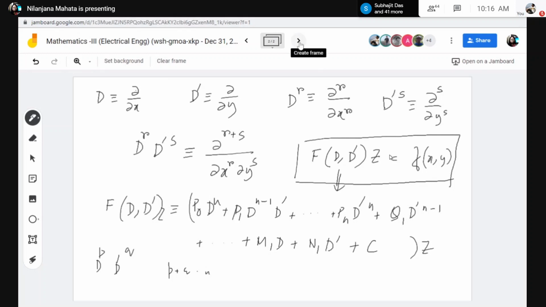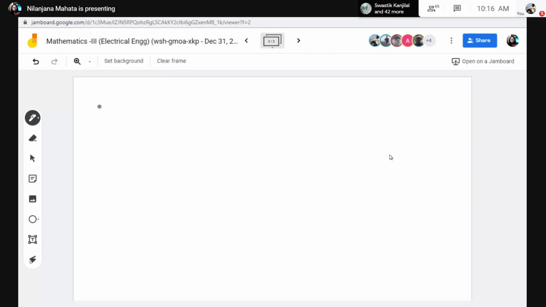Now suppose we have to solve this equation, this partial differential equation.